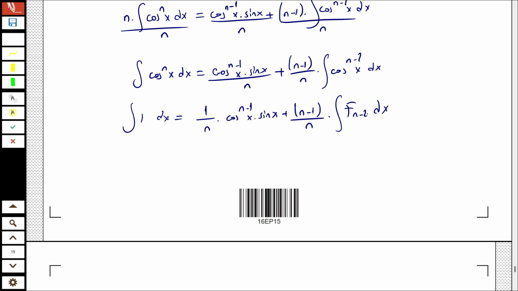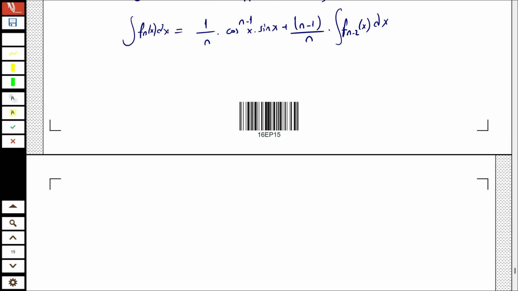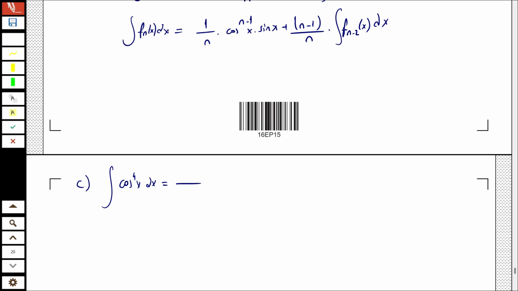Or actually f_n(x). At the question C, hence find an expression for cosine to the power of 4. So you can write 1 over 4 times, from the previous solution, cosine to the power of 3 x times sine x plus 3 over 4 times integral cosine square.